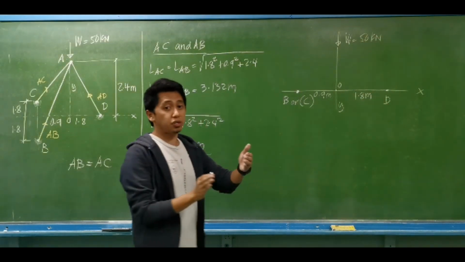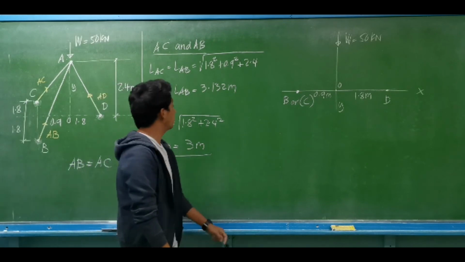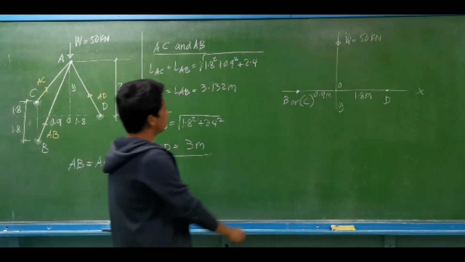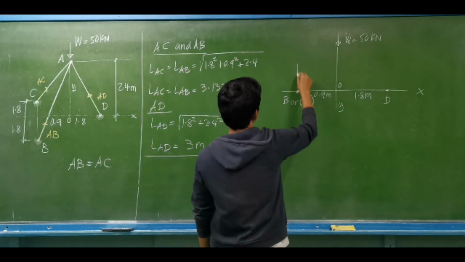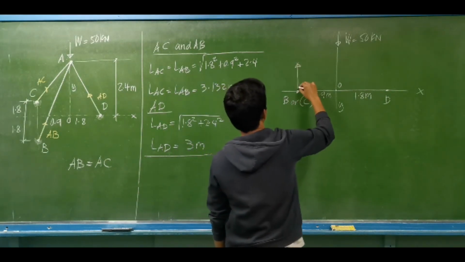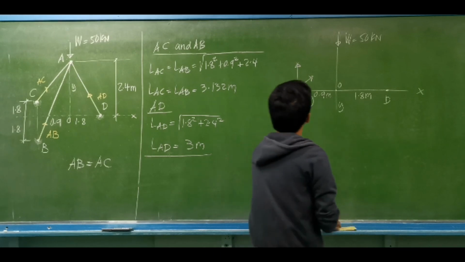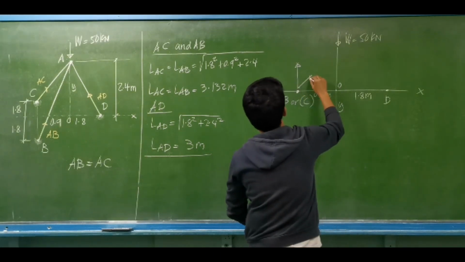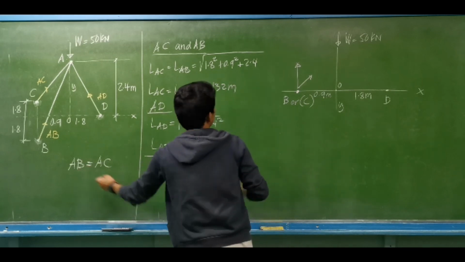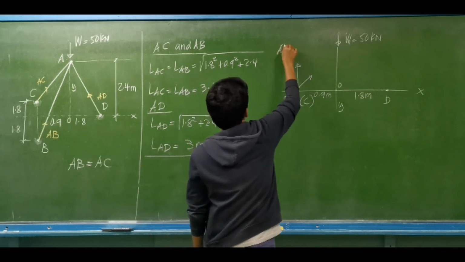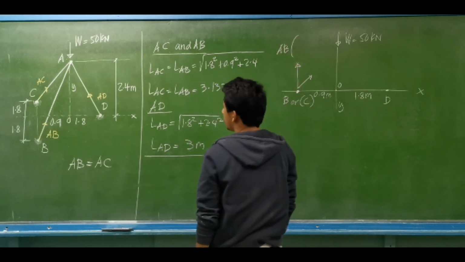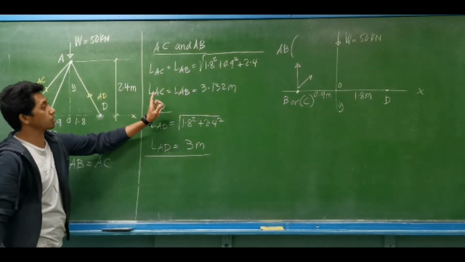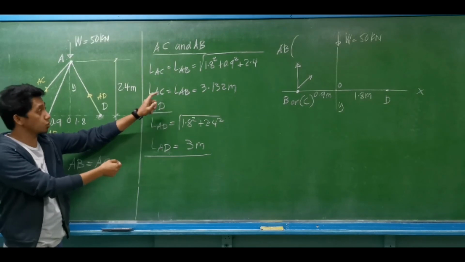If we are to consider the vertical component of the axial force for members AB and AC, we are just to consider one arrow. Let's say this is the vertical component. What is the vertical component of the axial force for member AB? That is 2.4 divided by its length, using its slope.